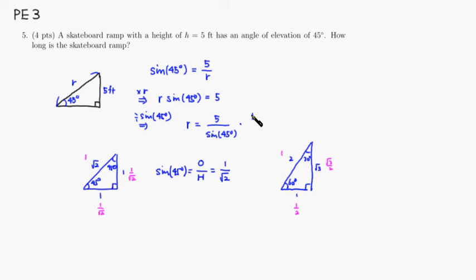So you have 5 over 1 over square root of 2. You can multiply top and bottom by square root of 2 to get rid of the square root of 2 on the bottom, which gives you 5 square root of 2. That's it. I hope that this was clear.